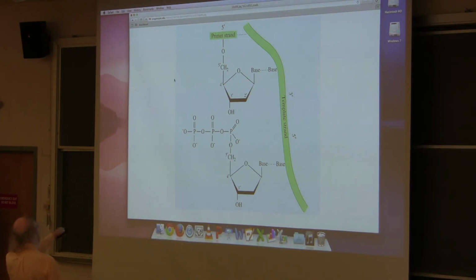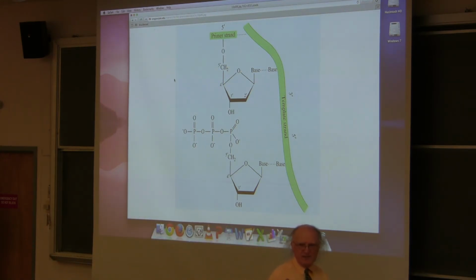So we're forming a covalent bond between this phosphate and this oxygen right here. That's what the DNA polymerase is catalyzing. It's making that bond I called the other day, that's the backbone of a DNA. The backbone of a DNA is a phosphodiester bond.